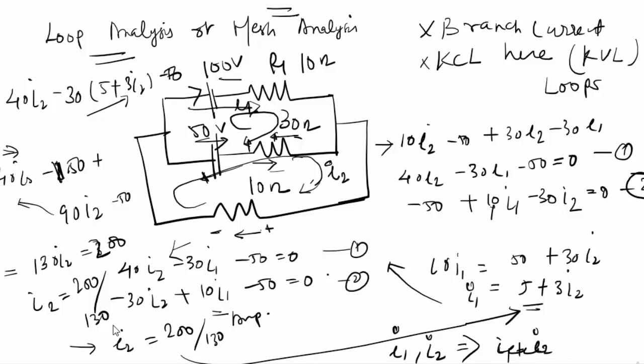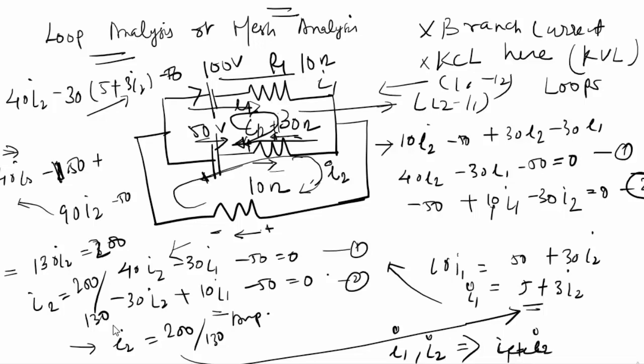The current in this branch will be I1, and the current in this branch, if you take it in this direction, will be I2 minus I1, and if you take it in this direction it will be I1 minus I2. That's how you'll find the different branch currents. So that was how you apply the loop analysis or mesh analysis to a circuit.